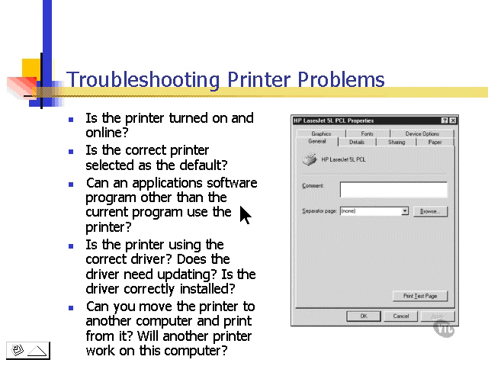Next question could be, can an application software program other than the current program use the printer? In other words, if we're trying to print something out in Word and it's not printing, then we might try to print something just in an Excel spreadsheet or from Notepad or from some other application.